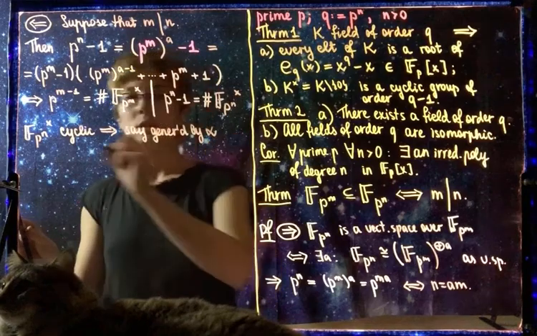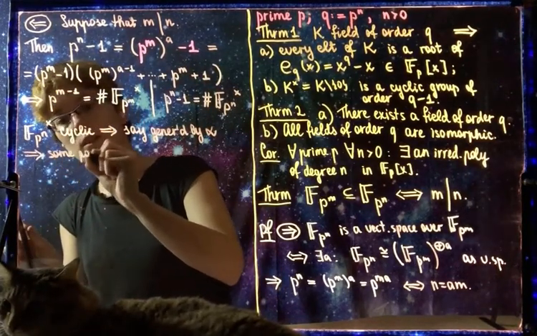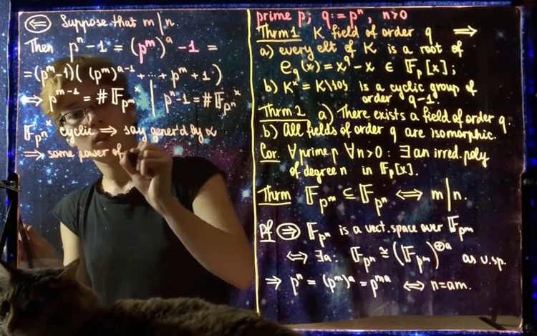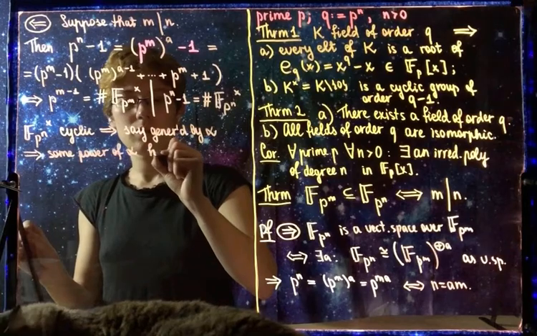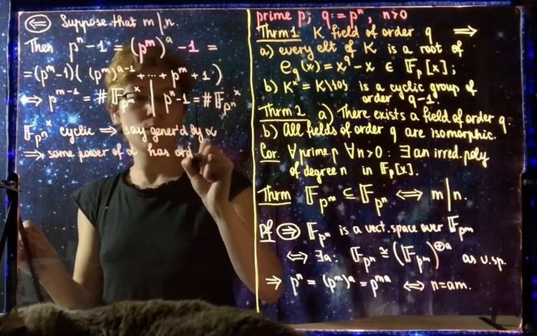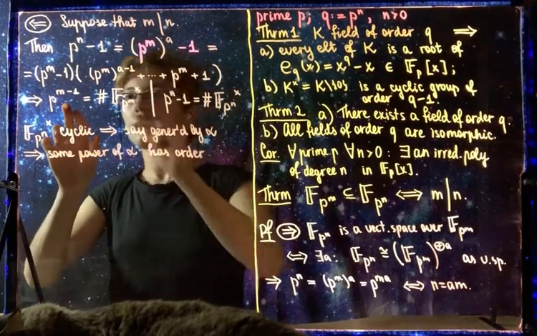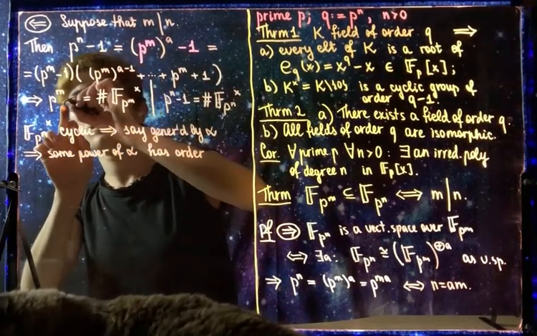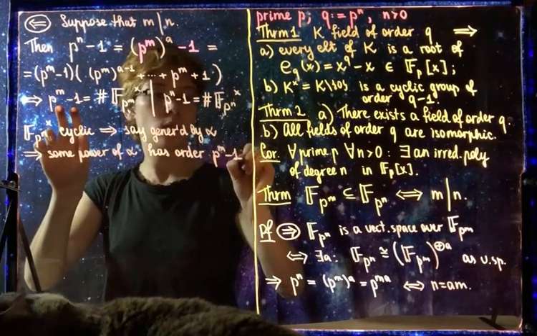So some power of alpha has order p to the m minus 1.